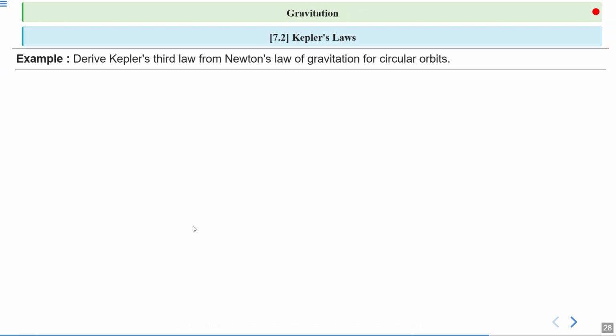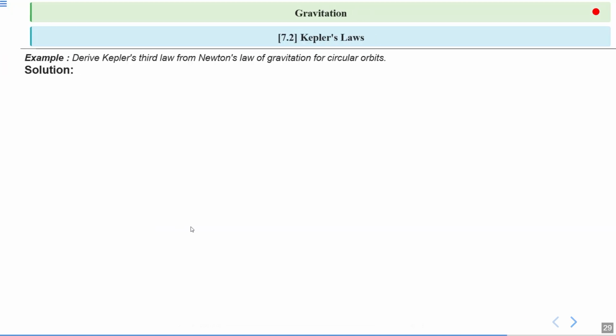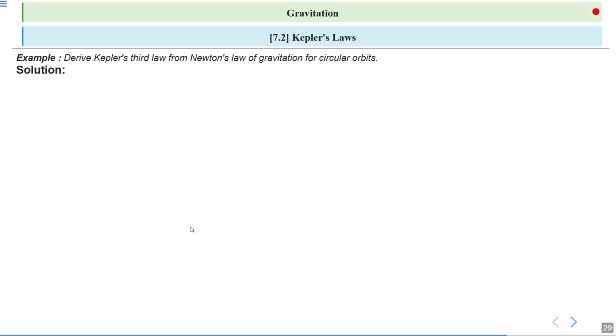Derive Kepler's third law from Newton's law of gravitation for circular orbits. This is a very important concept. So we will see how Kepler's third law can be derived from Newton's law of gravitation. In a circular orbit, the centripetal force required to keep an object moving in a circle is provided by gravitational force.